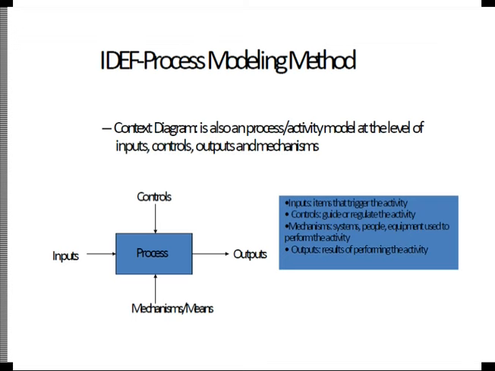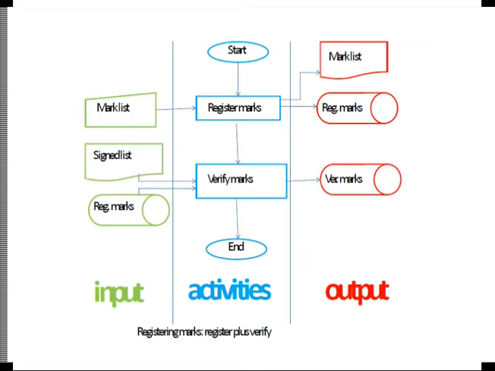I'm going back again to the flowchart in order to understand the difference between this one and flowcharting. How many, let's say, sub-processes do I see here? Again, class, this was a question. Look at the activities. How many?